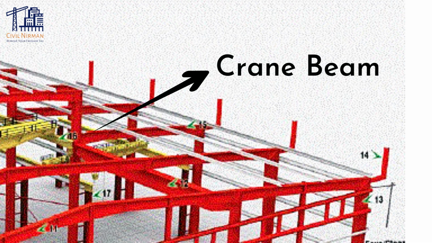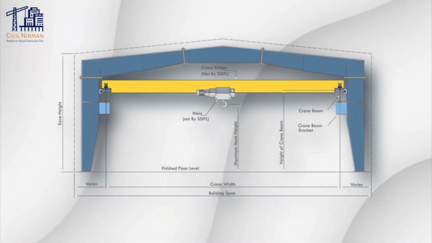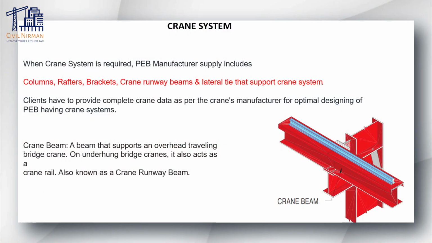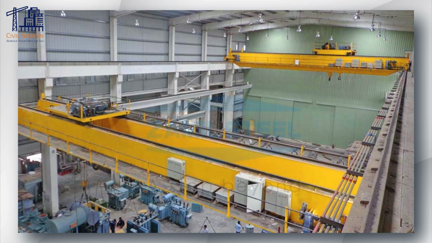On number 16, we have crane beam. See, in pre-engineering buildings, when a crane system is required, crane runway beams are required to support the crane system. Now see, complete system information of crane is required to design and estimate the same. Usually, pre-engineering building companies supply the crane girders because installing and aligning it throughout the length of the building requires special expertise.